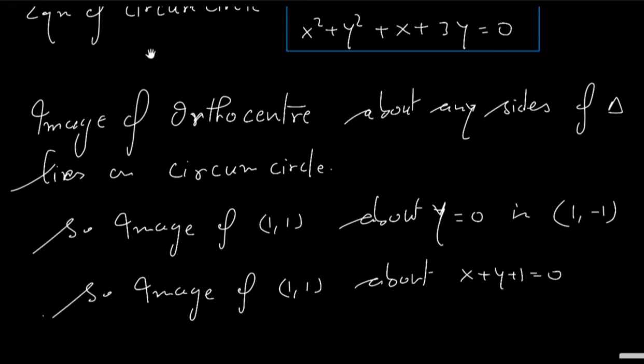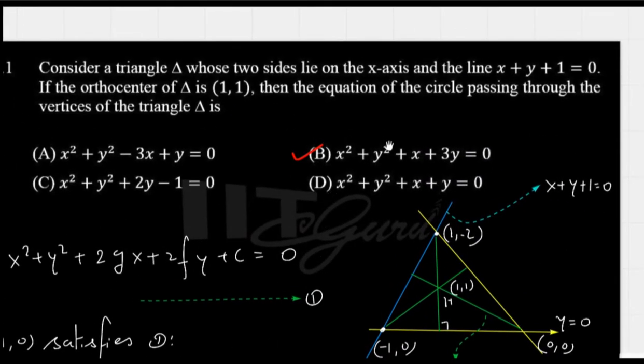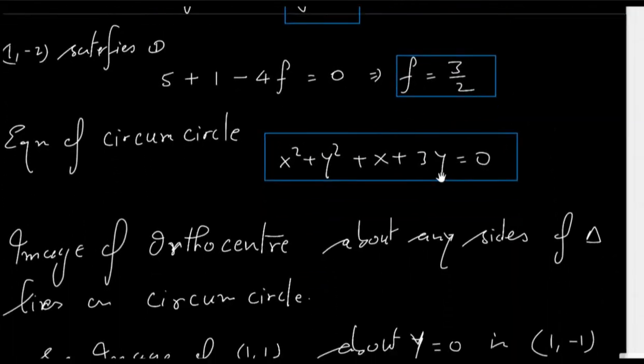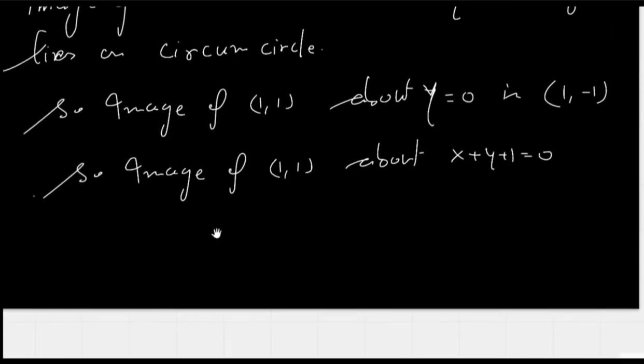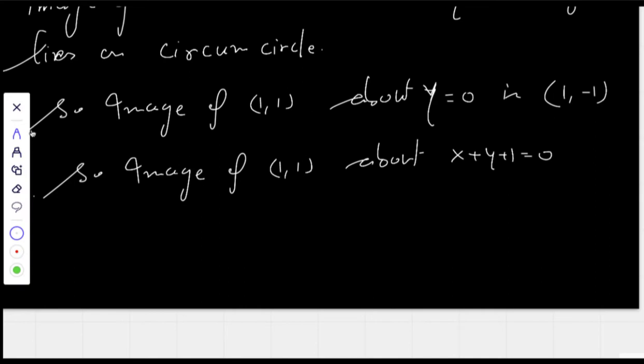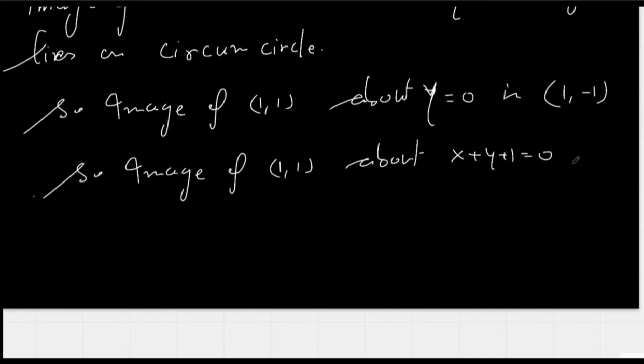You can check over here. Two equations were given in the question, one of them is the x-axis, and the other is x plus y plus 1 equal to 0. Finding the image about this line is very easy, and it is minus 1, 0.